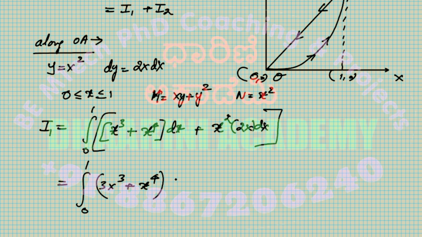Sorry, can you repeat? Zero to 1, y root y, limit. Okay, I understood 0 to 1. What is the other limit you are taking? Inner. See, 0 to 1 is for y or x?